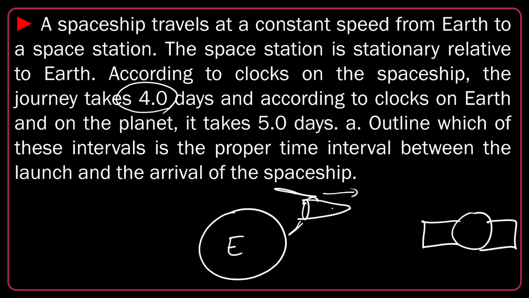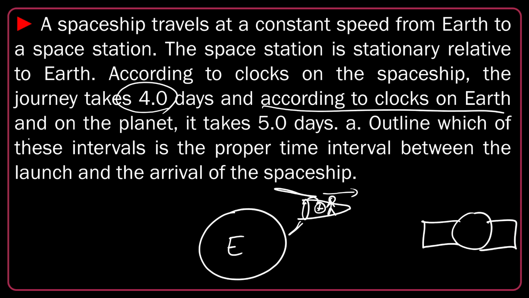So the clocks on the spaceship will measure the time for 4 days. The people in the spaceship are at rest relative to this clock, and they see the event at rest relative to themselves, okay? So evidently they will measure the proper time.